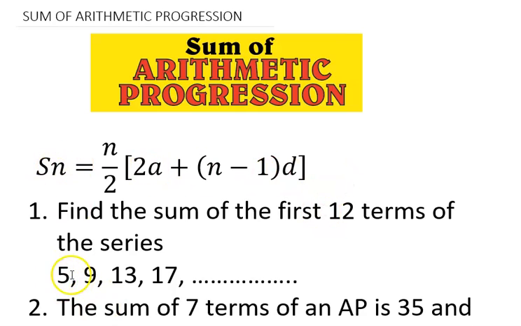Since we know our first term and our common difference, 9 minus 5 gives 4, 13 minus 9 gives 4, 17 minus 13 gives 4, so our common difference is 4. We just apply this formula instead of adding all these to get to the 12th term. That is the meaning of sum.